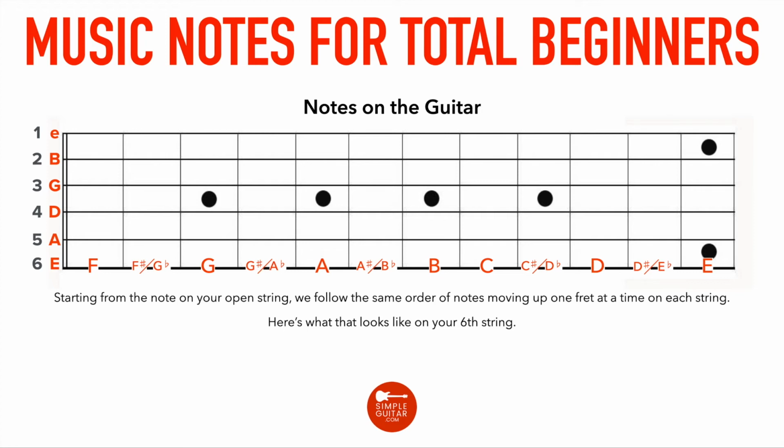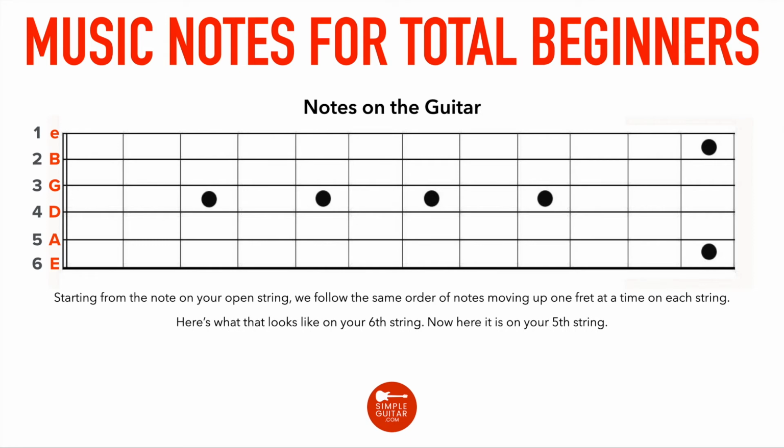And then they'll come back down and play each note and say the name as they play it. So they would go up like I did, saying the sharps, and then come down and say E flat, D flat, C, B flat, A flat, G flat, F, E. And you play the note as you say it. And this is the simplest way to start to learn the notes on the fretboard. Now let's look at what it looks like on your 5th string.